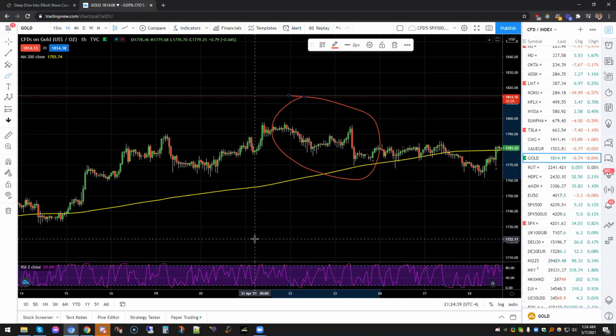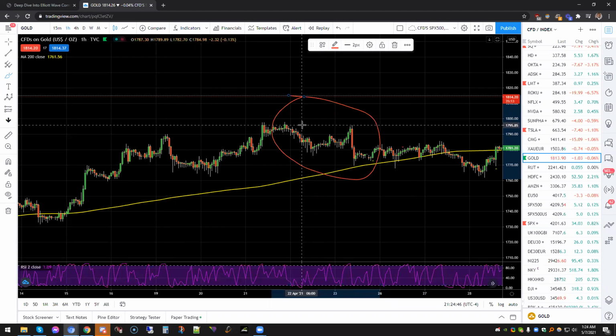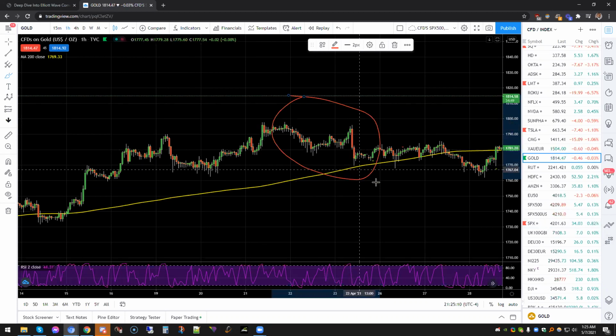I see someone said a flat. It does kind of resemble a flat. Yes, it does indeed. Anyone else? There are no wrong answers, so don't be afraid. Anyone else can tell me what this looks like?